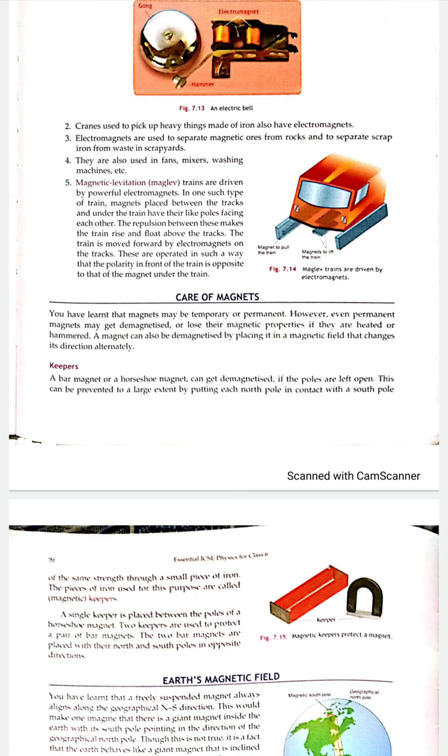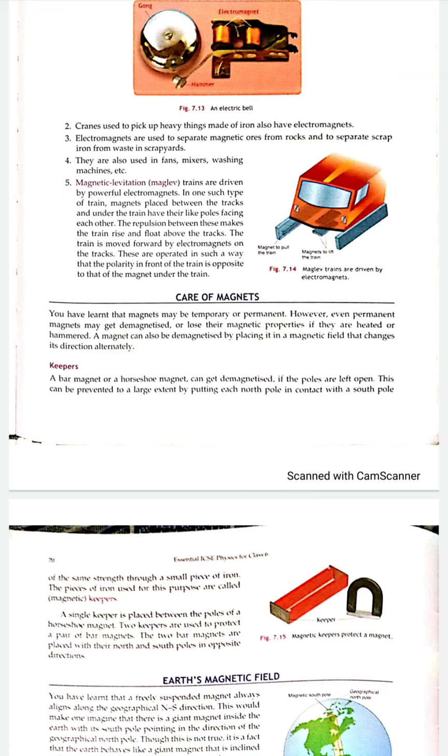A magnetic keeper is nothing but a small piece of soft iron. It is placed in contact with the poles of two bar magnets, such that one end of the iron piece touches the north pole of one magnet, while it touches the south pole of the second magnet.